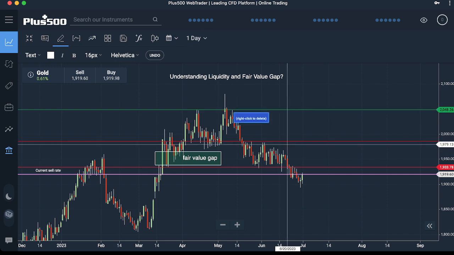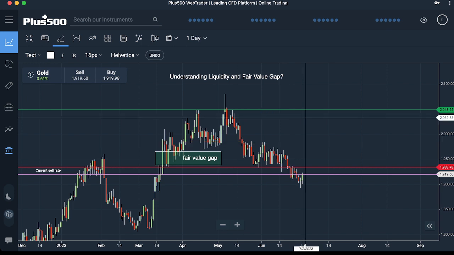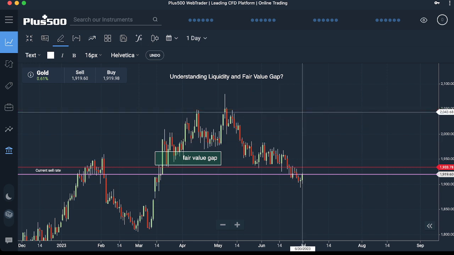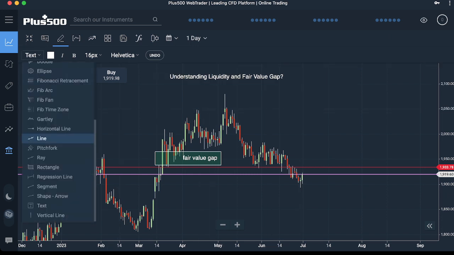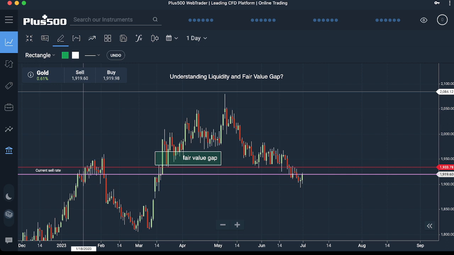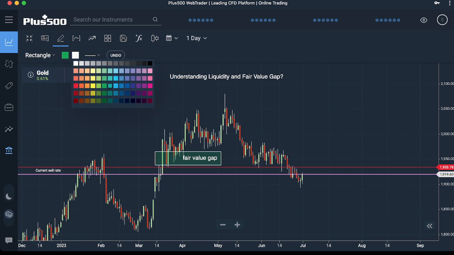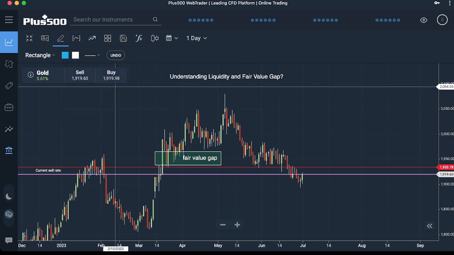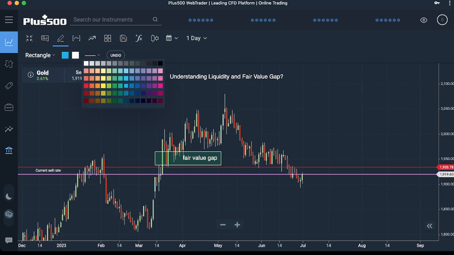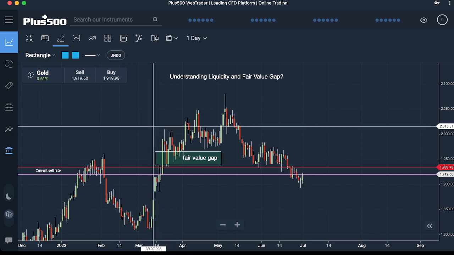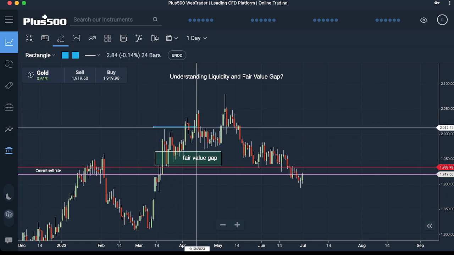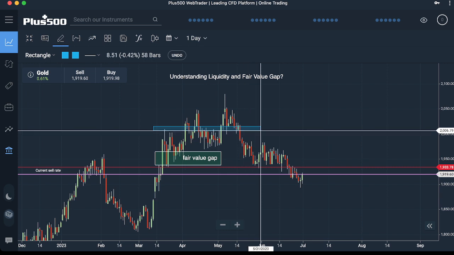Let me remove these two lines, and then I want to bring a box here to show you where the buy side liquidity is. Let me show with the blue color the liquidity which we have here above this candle.